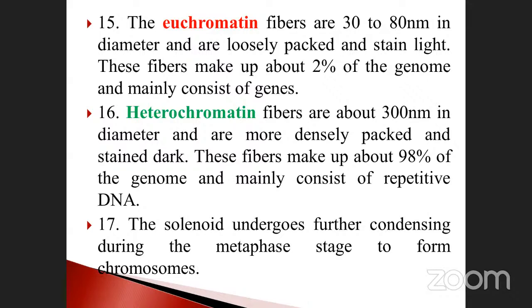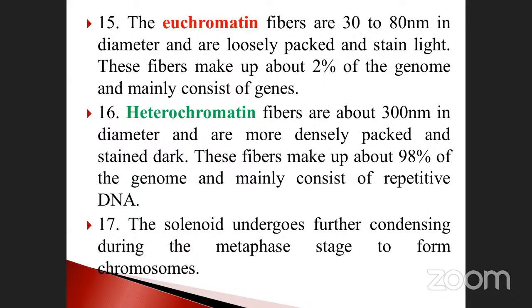What about the diameter? Diameter will be 300 nanometer. What about the nature? Stain dark in nature. It is not light, it is dark in nature. So these are the differences between euchromatin and heterochromatin. Next one is the solenoid undergoes further condensation during the metaphase stage to form a chromosome.